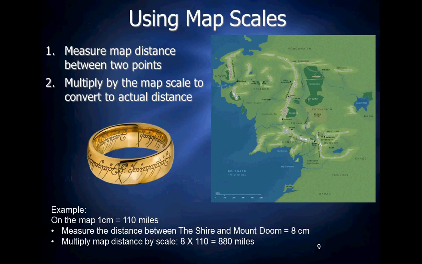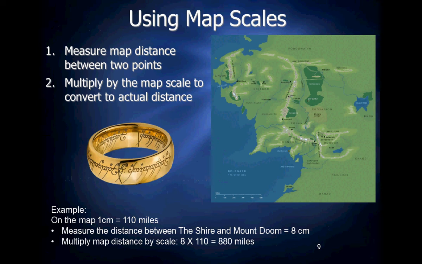Okay, now you don't have this slide. It's okay. I just want to review this with you, because one of the things we have to do is use a map and a scale to figure out actual distances. I know you probably have done this before. On a map there will be a scale somewhere, maybe near the bottom.